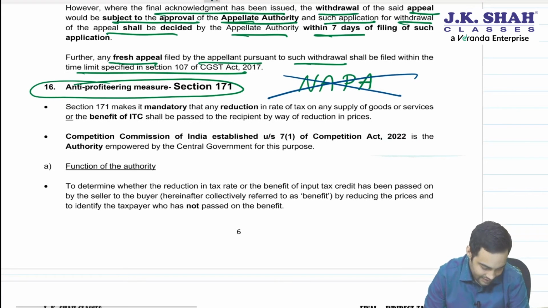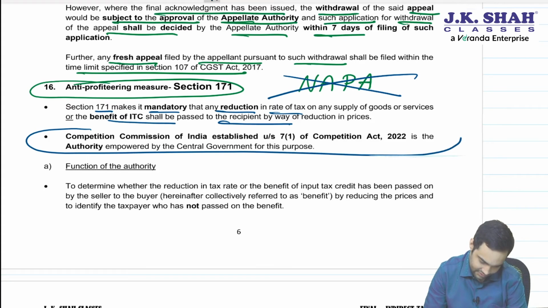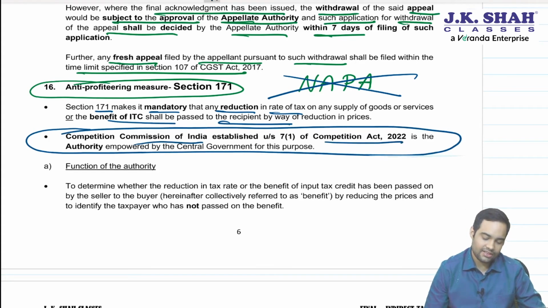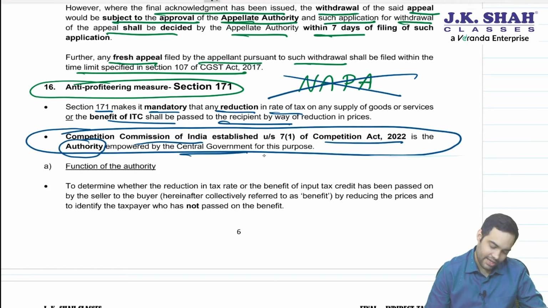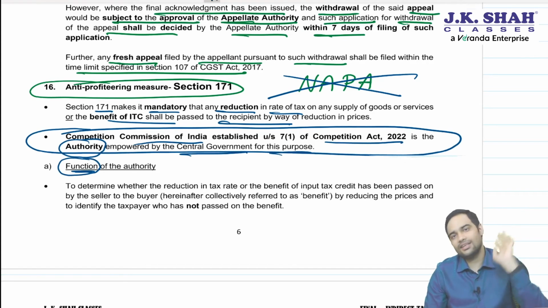Let's see. Section 171 makes it mandatory that any reduction of tax or benefit of ITC shall be passed to the recipient. Now this is the change. The Competition Commission of India, established under the Competition Act 2002, is the authority empowered by the government for this purpose. Plus, earlier it was called duties of the authority. Now it is called functions, but everything remains the same.